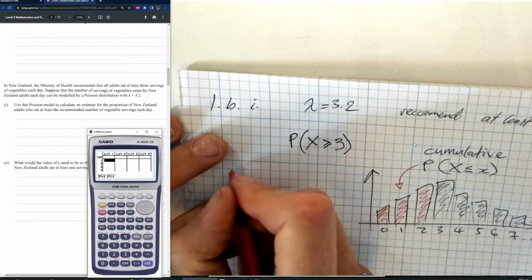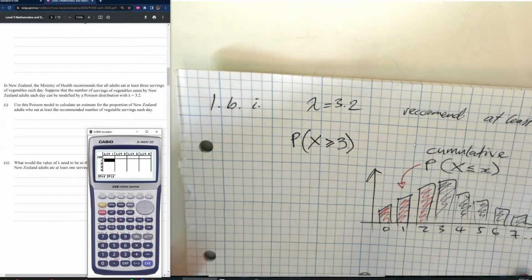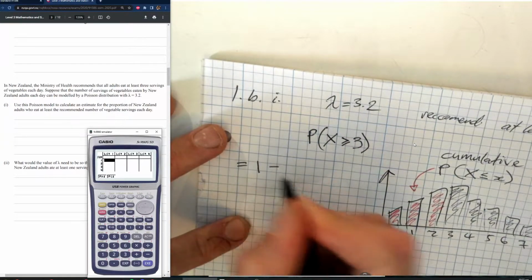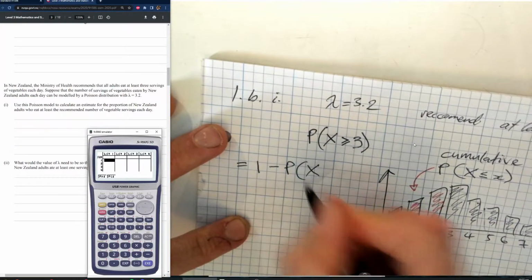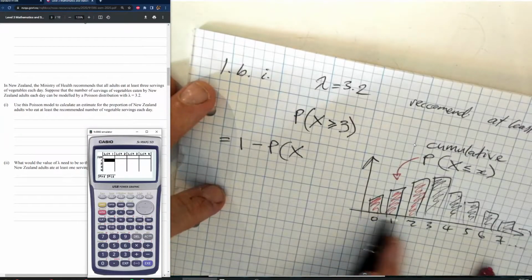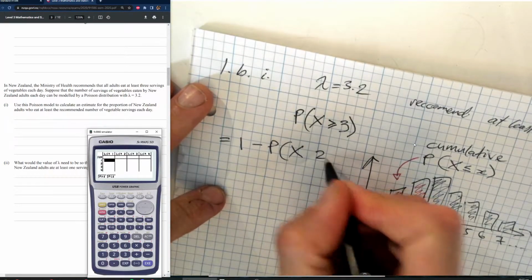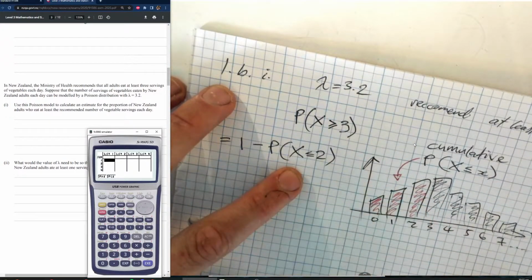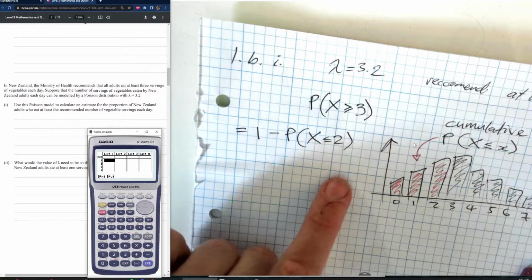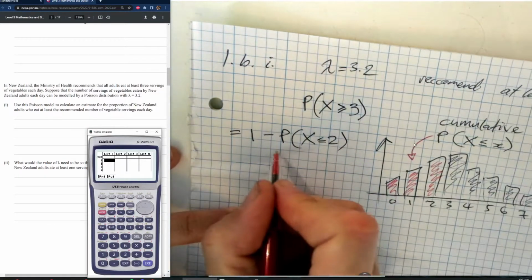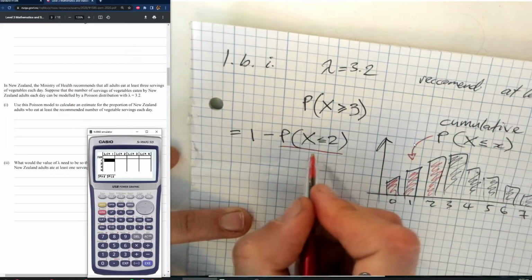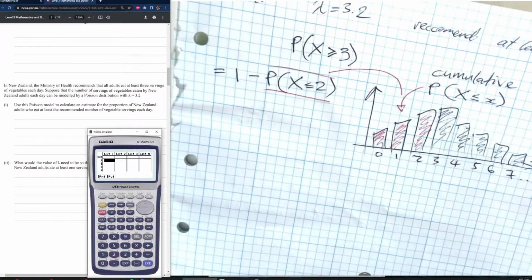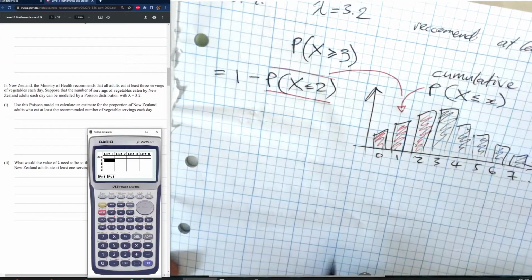This here is equal to 1 minus the probability that x is whatever this thing is here. So it's the number 2, and we're including 2 and everything below 2. So it's just going to be 1 minus this thing here. I'm going to do that in red, because that is what we find over in red over there. And then that will find us this answer.